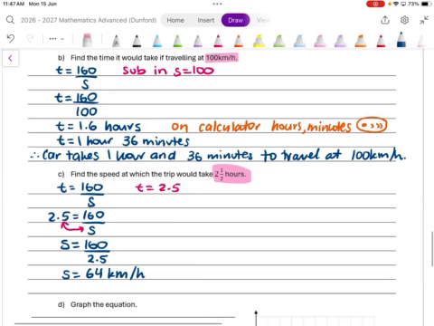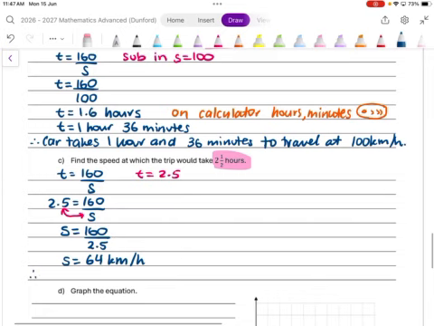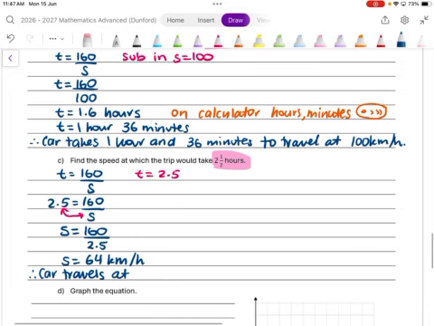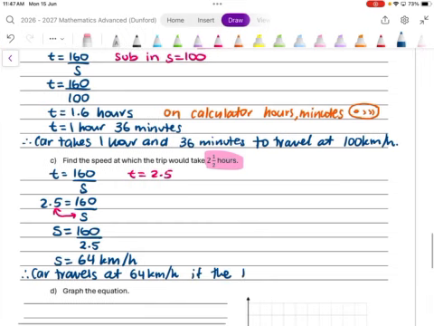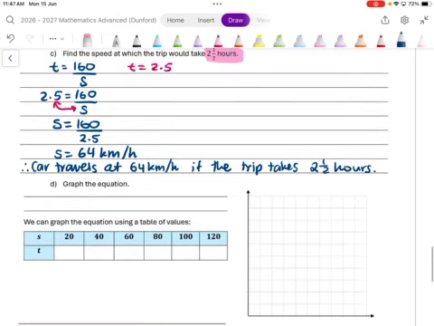So therefore, the car travels at 64 kilometres per hour if the trip takes 2.5 hours.